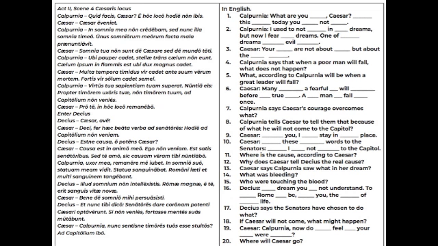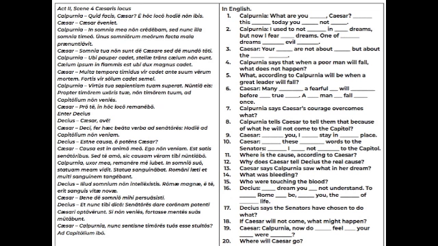So senators, subject, chose, to give, coronam, direct object, and then dative, potenti Caesari, to powerful Caesar. If you will not come, perhaps they will change their minds. So, there it is. Si non venies, if you will not come, fortasse, perhaps they will change, mutabunt, mentes suas, their minds. And now Caesar turns to Calpurnia.